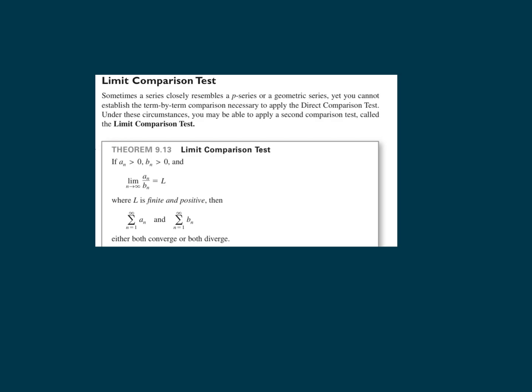The limit comparison test says if you have two series where every term is positive, A sub n and B sub n are positive, and you take the limit of the first divided by the second, and this limit is a finite number, different than 0 and positive, not infinity, then the two series go hand in hand. So if one converges, the other converges. If one diverges, the other diverges.